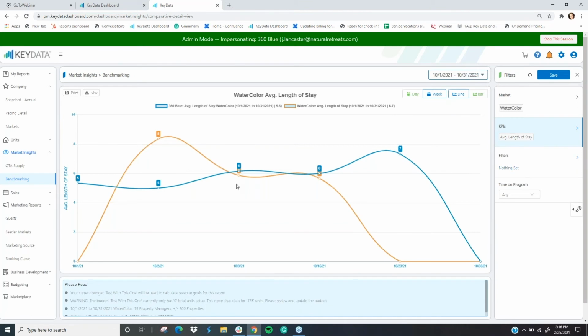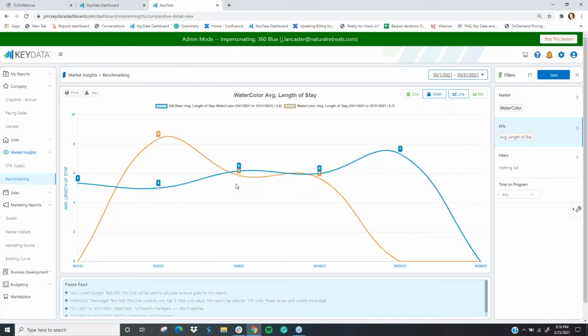However, when you're making this type of decision, you also want to understand where you are from an occupancy level. Because if your occupancy is below the market, you might not want to be so restrictive. But if your occupancy is higher than the competition, then maybe you want to get more restrictive.